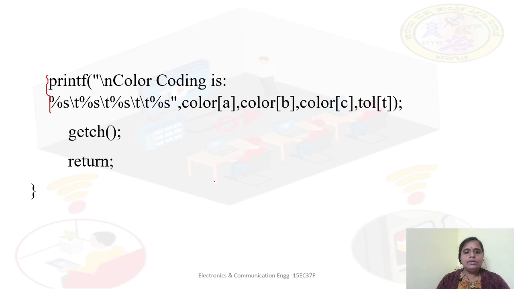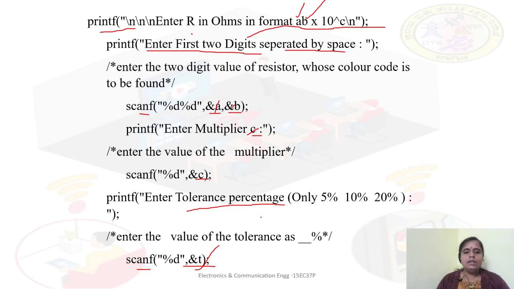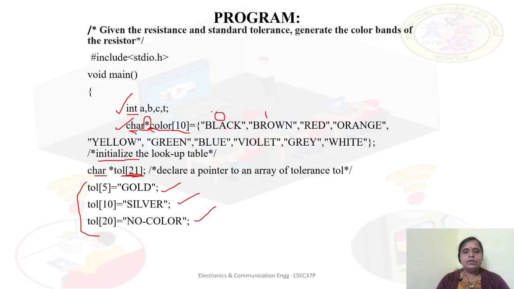So what I do is I go for an array, which is your lookup table, wherein I say it is color of A, color of B, color of C, and tolerance of T. Just after getting the values here, we go for the lookup table. This is color of 10, the array which I have declared.